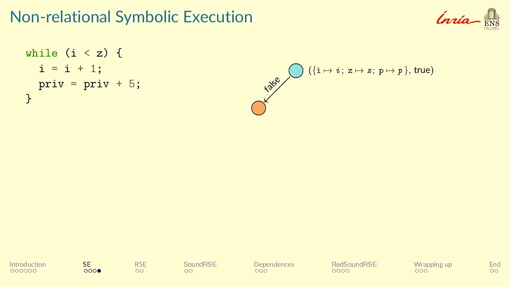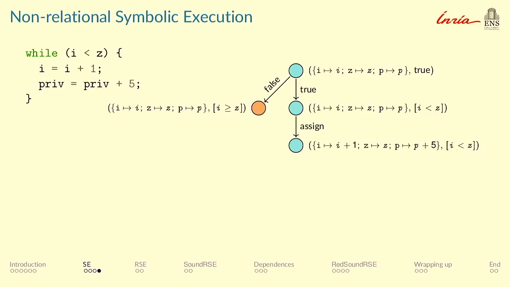Then we can choose to branch on the false branch, so we skip the whole while statement, and this gives us a constraint that constrains the whole state. Then we can also go through the true branch, having the opposite constraint, telling us that I must be less than 0, and then we can apply the assignment.